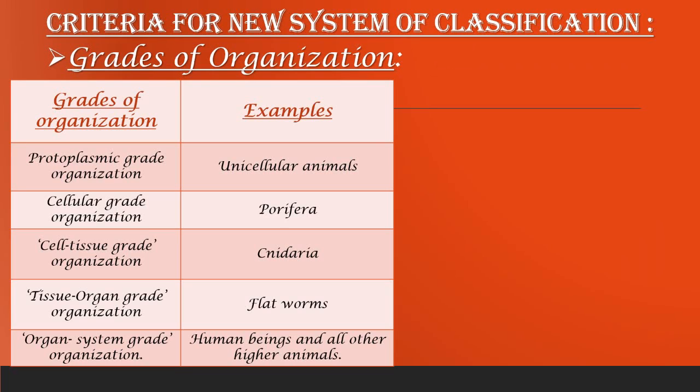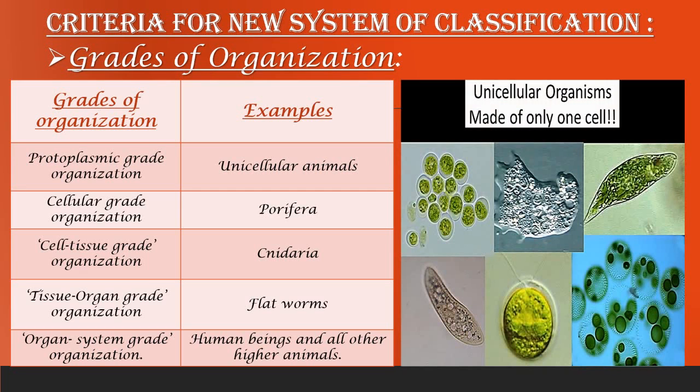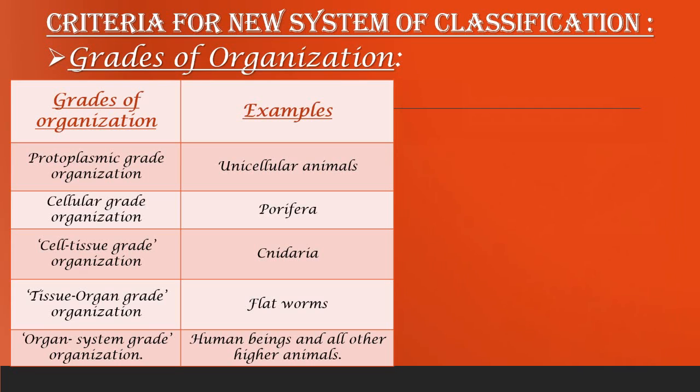Students, the various types of grades of organization are as follows. First one is protoplasmic grade organization. It is seen in unicellular animals and their body is composed of a single cell which performs all functions. For example, amoeba, paramecium, etc. Then the next is cellular grade organization.